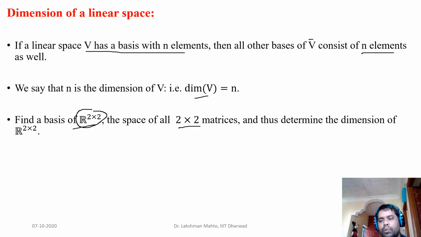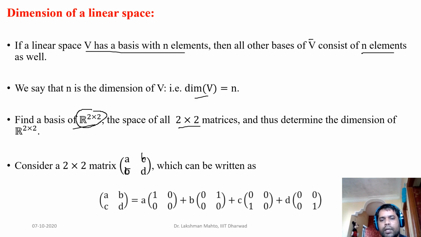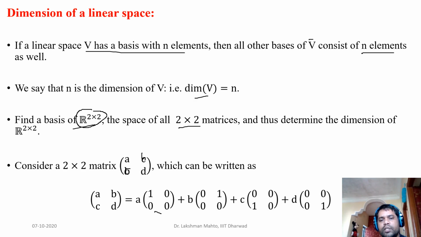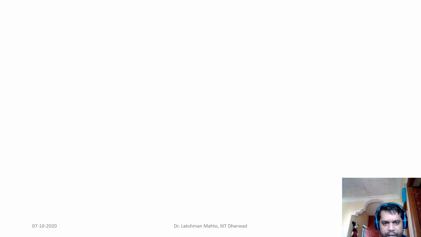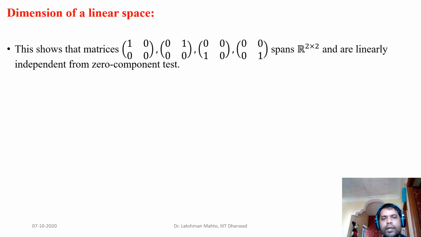We have to determine its dimension. We took a general matrix with entries A, B, C, D, and wrote it as a linear combination of four special matrices. These special matrices form a basis of the linear space R2 by 2, and these matrices are also non-redundant.